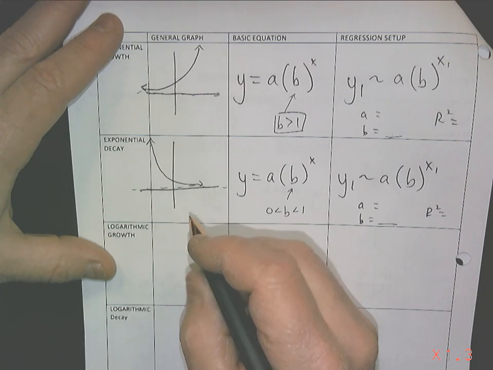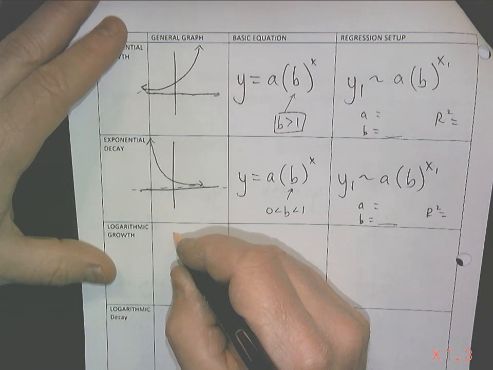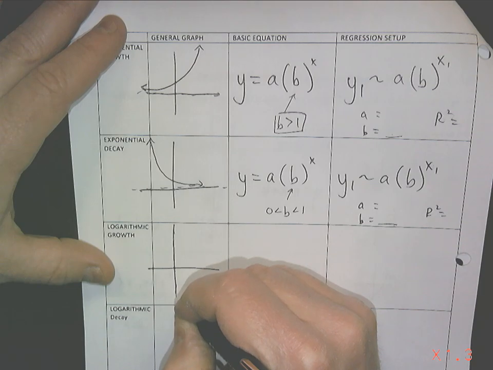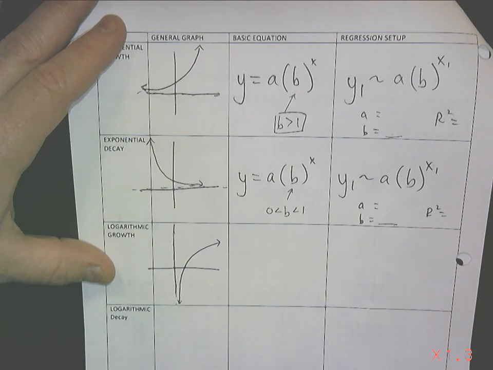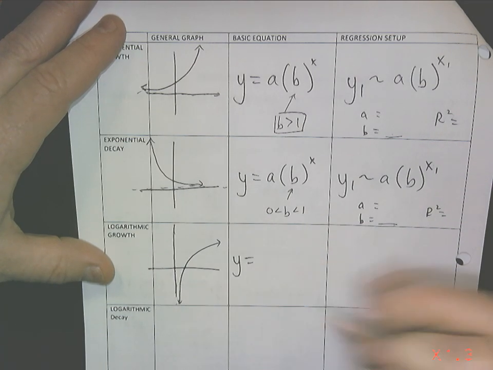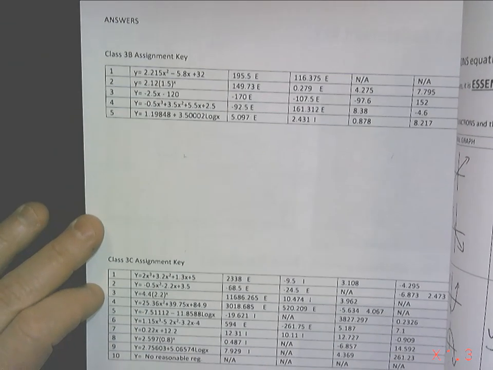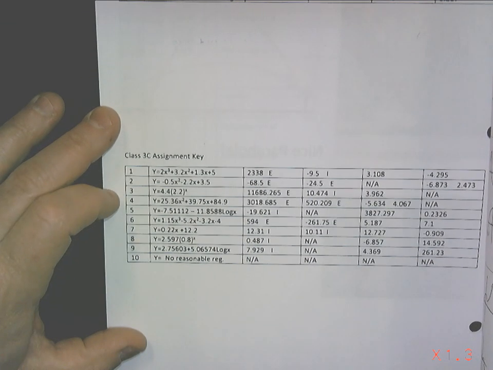Log growth. Log growth, I know logs look like this. I'm just going to double check real quick, because sometimes I'm looking at an answer key at the back here.